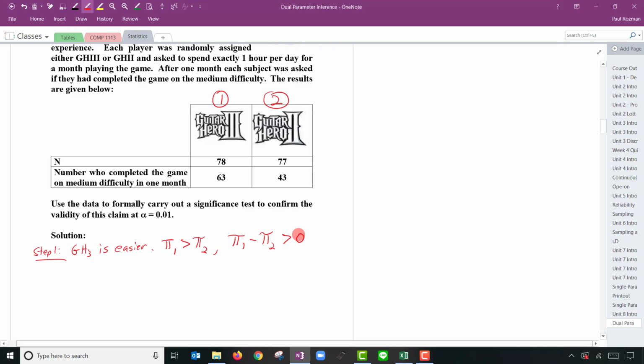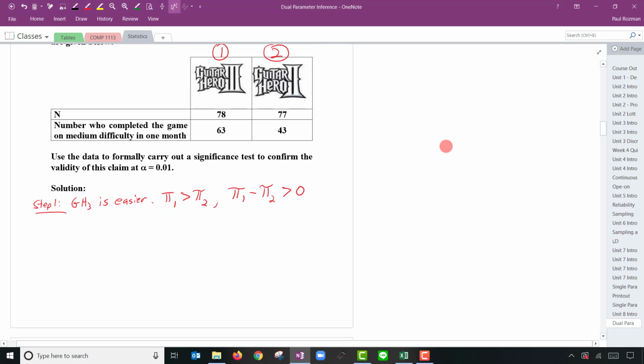That's our claim. If I subtract the proportions, I would get something greater than 0 because pi 1 is assumed or hypothesized to be greater than pi 2, Guitar Hero 2.